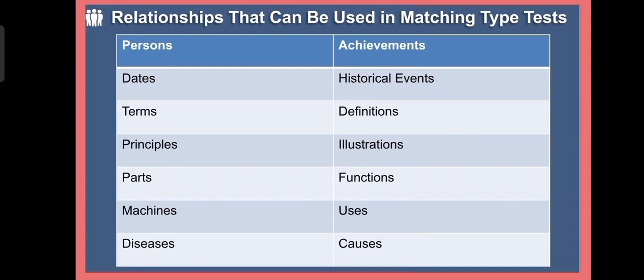The other examples include terms paired with definitions like vocabulary quizzes, principles matched up with illustrations such as diagrams showing how something works, parts paired with functions like cars' parts and what they do, machines matched up with their use like tools found at home improvement stores, and diseases paired with causes, what caused someone to get sick.